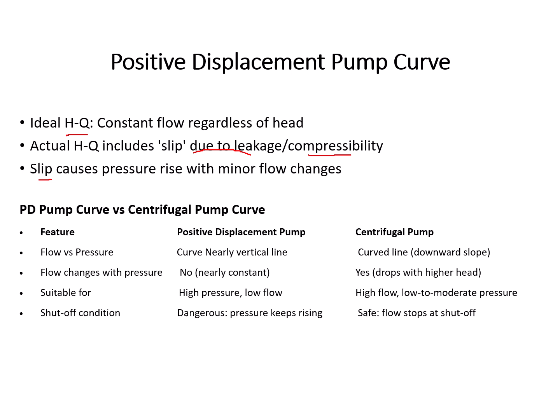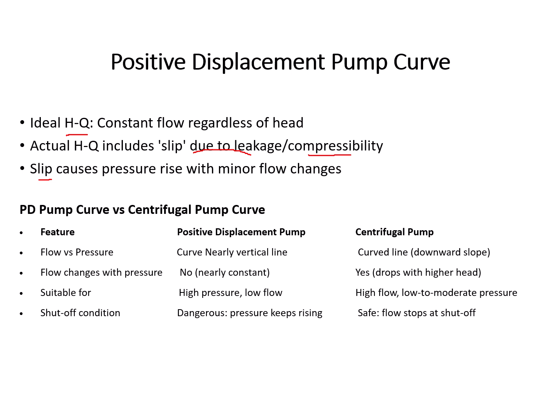You make a vertical line from the Q axis, so you fix one value of Q, that is constant flow regardless of the head. The flow does not change with pressure; the pressure will increase or decrease, but the flow is constant.